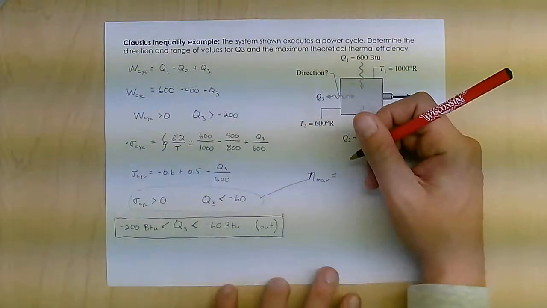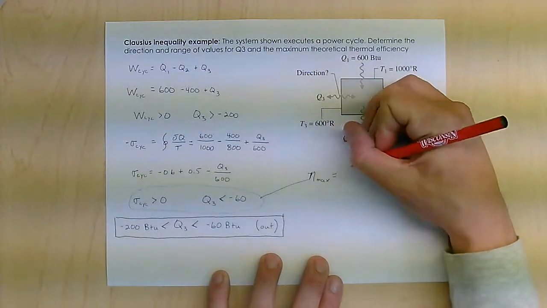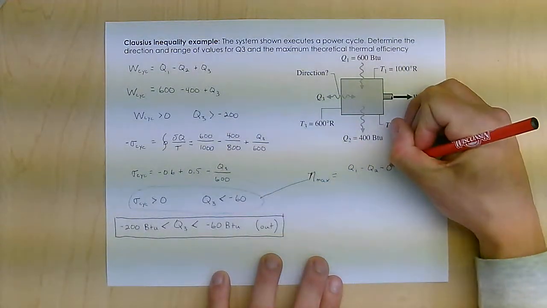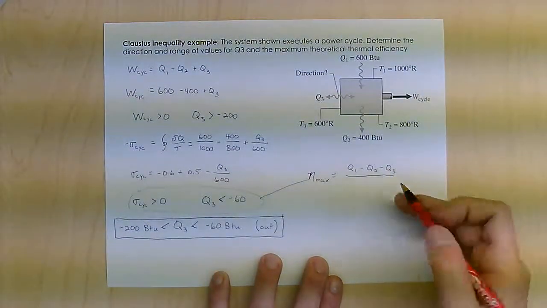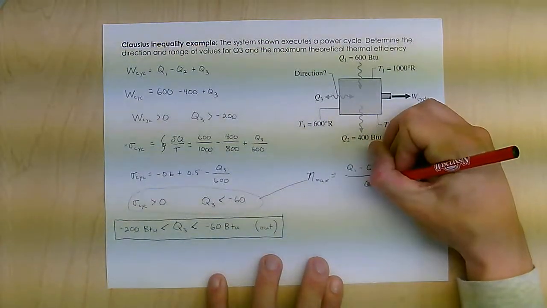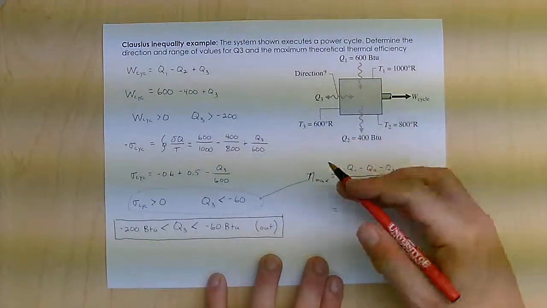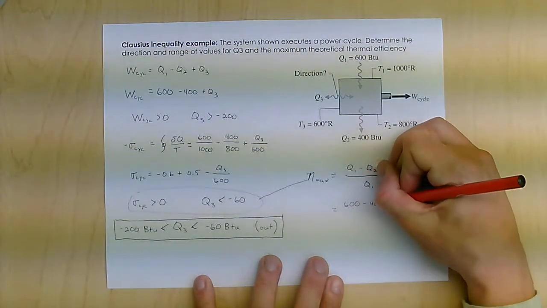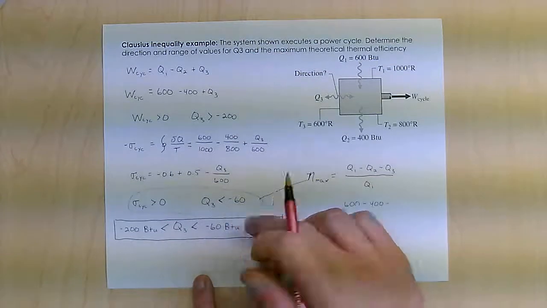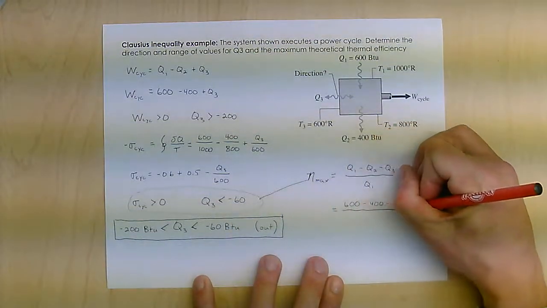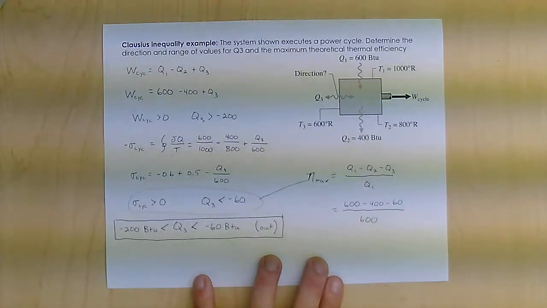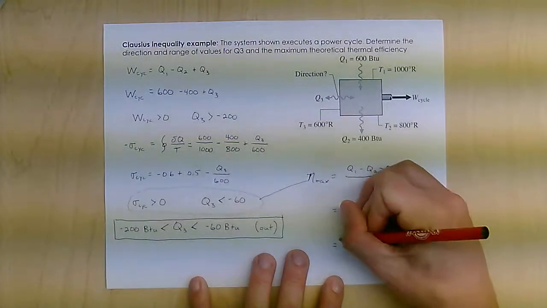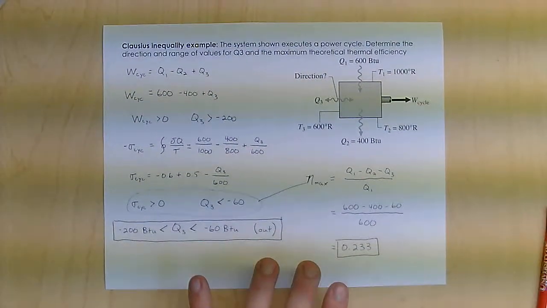Therefore, I get the work of the cycle, so basically I get Q1 minus Q2 minus Q3, over Q in, which is really just Q1. So what do I get here? Well, Q1 is 600, that's what's in, minus what's out, which is minus 400, and then minus 60. This is the best case scenario right there, all over 600, which is what Q in is. And from that, I get the maximum thermal efficiency to be about 23.3%.